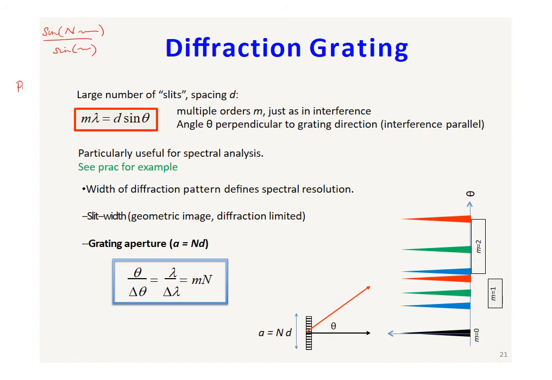Now, we have principal maxima when this expression is equal to n. And if we solve for that, and we also make the substitution that k is 2 pi over wavelength, then we get the grating equation.